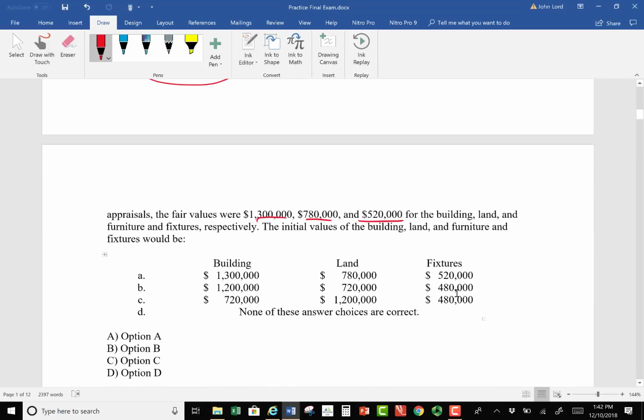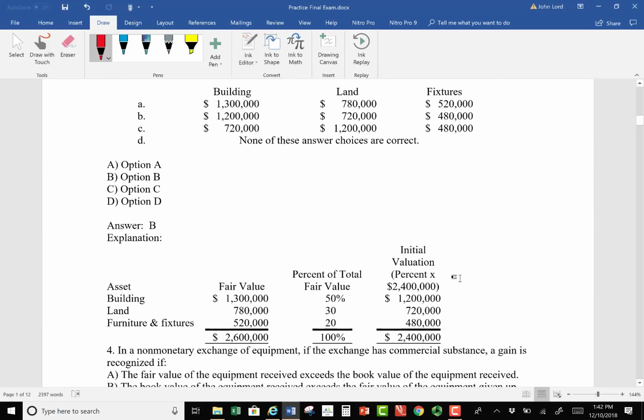The problem with this problem, guys, is it's a little long, but you're going to have 3 hours to work it. So I might give you something like this, but it's pretty easy in that you basically add up the relative fair values that they give you in the appraisals up there. Those are the appraised values.